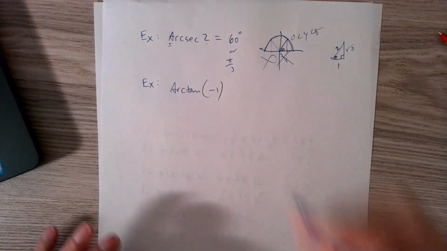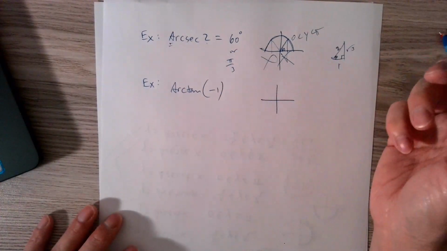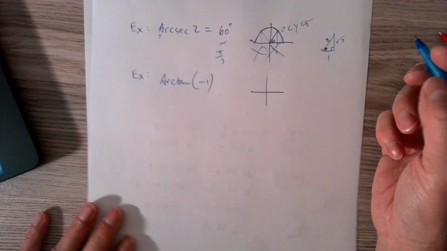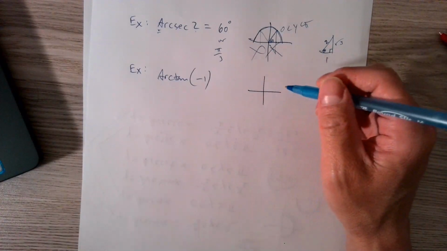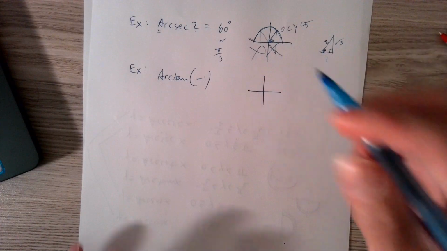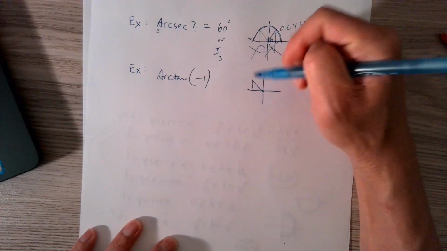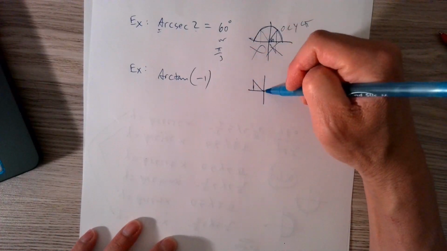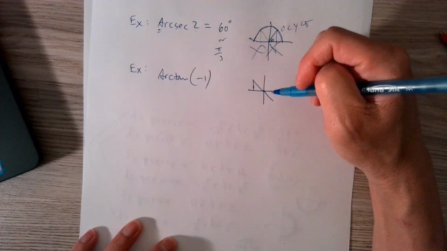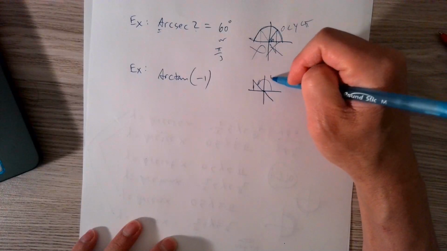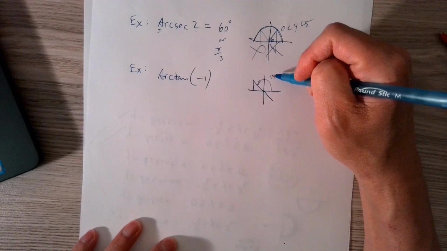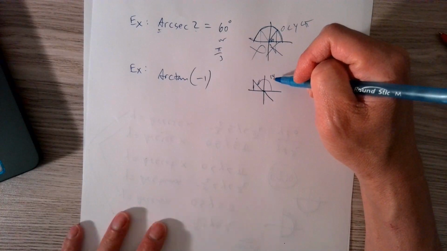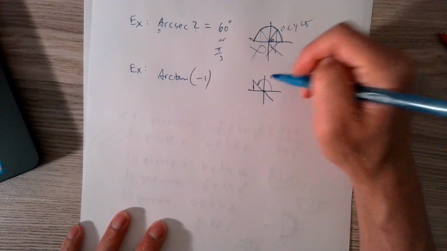Arctan of negative 1. Okay, two angles in a unit circle have a tangent of negative 1. The first one is here. Second one is here. This one is 135.